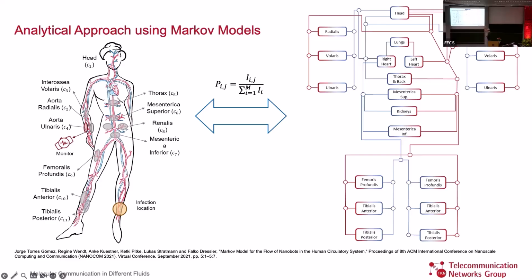On the right-hand side, leaving out all the equations, what you eventually see is a model that we generated, a Markov chain-based model where we have the stationary probabilities of nanoparticles staying in certain parts of the cardiovascular system. And the transition probabilities of the Markov model are simply inflow and outflow from these parts of the system.